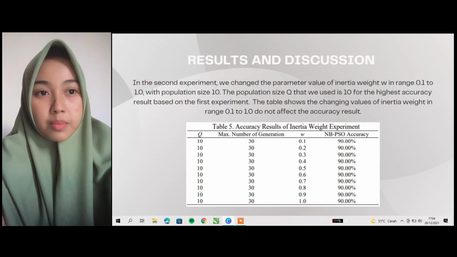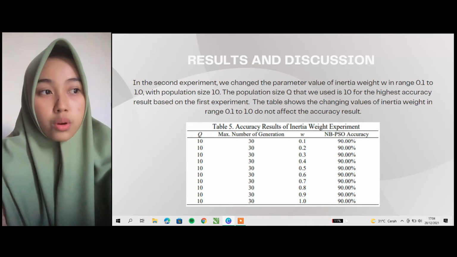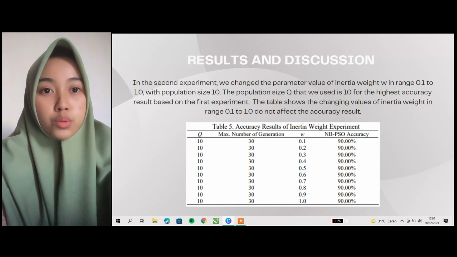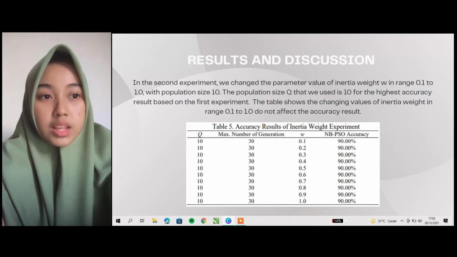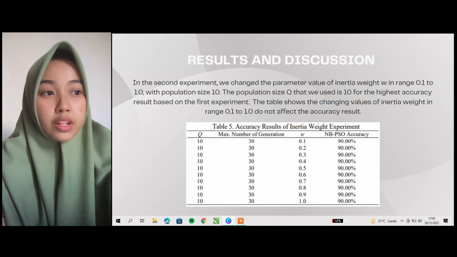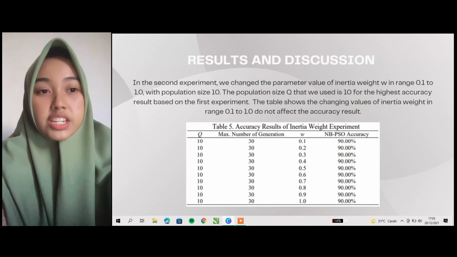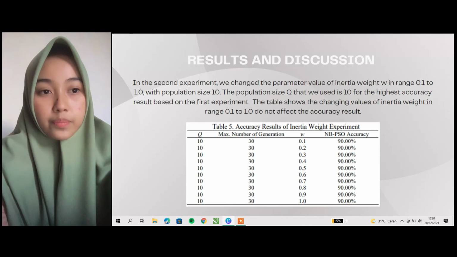In the second experiment, we changed the parameter value of inertia weight or W in the range 0.1 to 1.0, with population size 10, the population size that gave the highest accuracy result based on the first experiment. The table shows that changing the value of inertia weight in the range 0.1 to 1.0 does not affect the accuracy result.